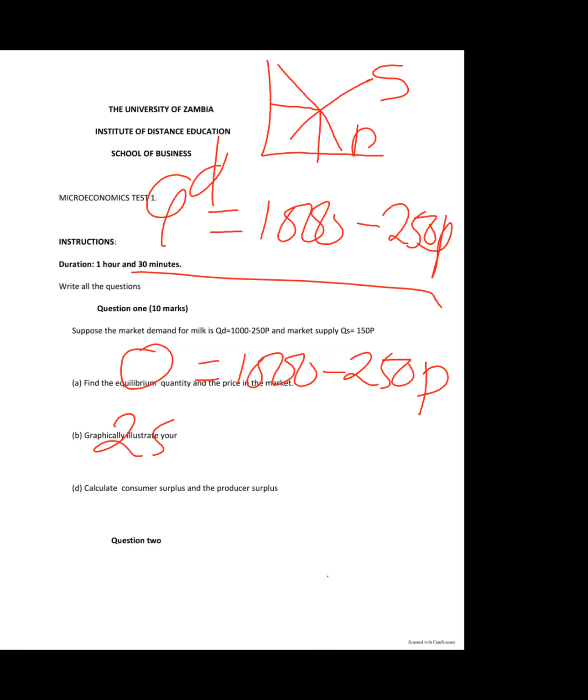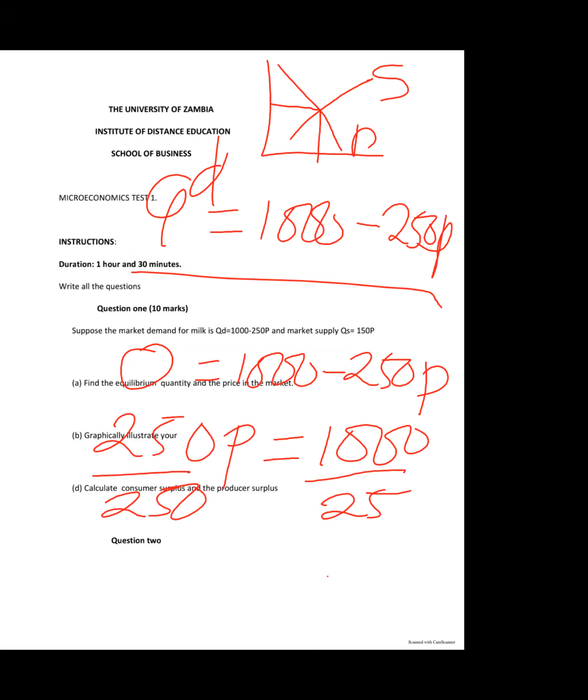We have 250P equal to 1,000, and we divide through by 250, and that gives us P equal to 4, because 1,000 divided by 250 is 4.